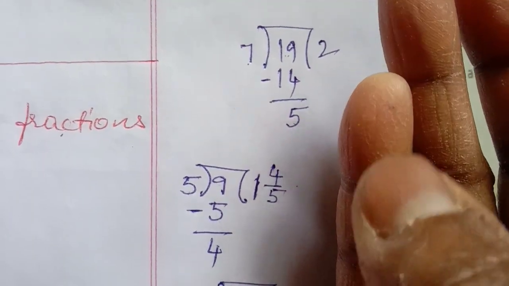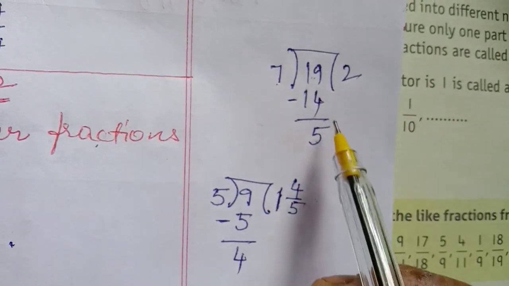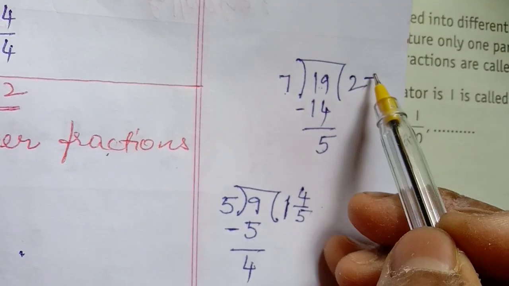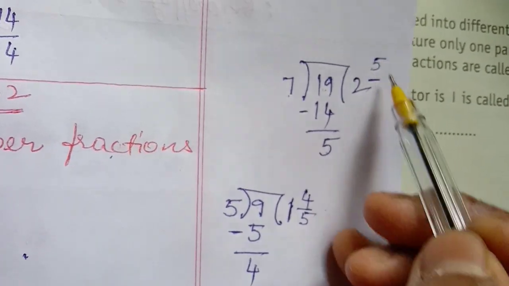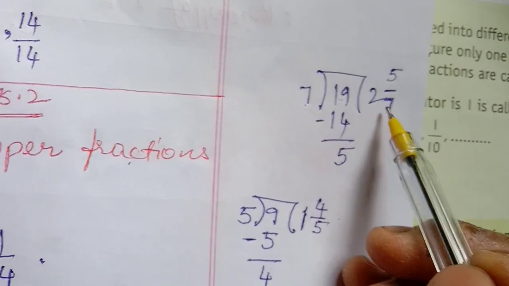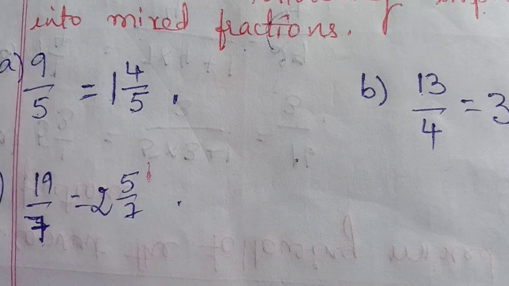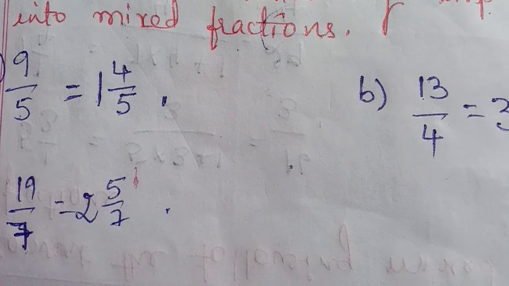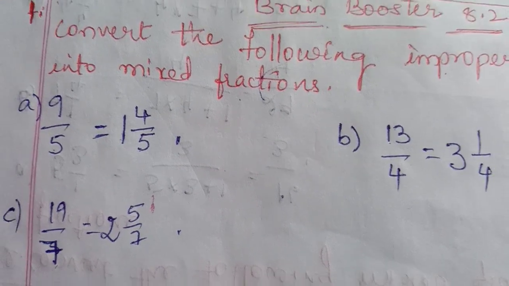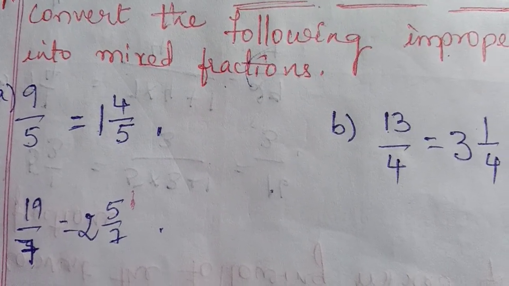So 5. Now what is the answer? 2 5 by 7. Children, the remaining sums and these 3 sums, you practice well.